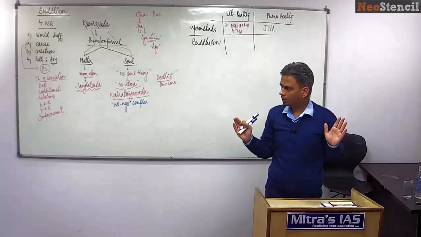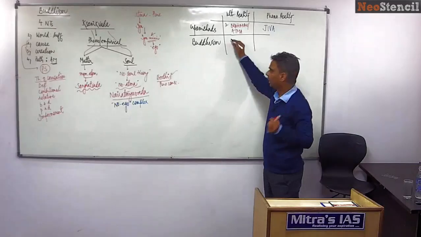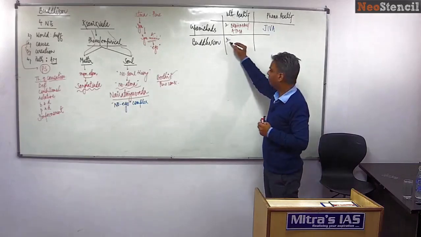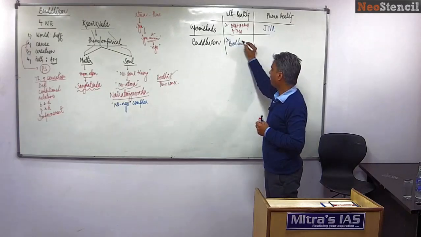So done. Now come Buddha. Supreme ultimate reality according to Buddhism is how many? One. And its name is Bodhi or Pragya.